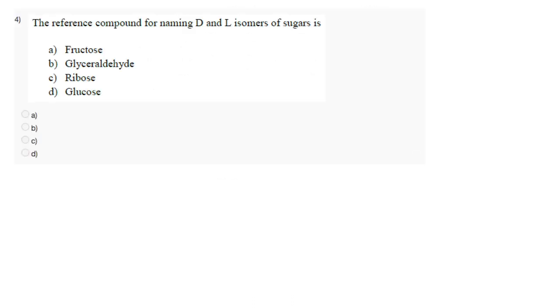The reference compound for naming D and L isomers of sugar is fructose, glyceraldehyde, ribose, or glucose. So what is the reference compound for the nomenclature of D and L? Anyone of you?